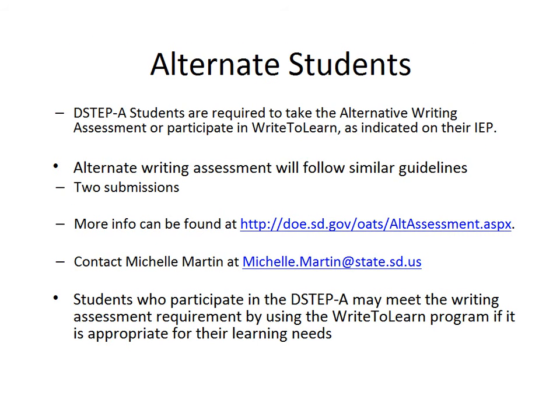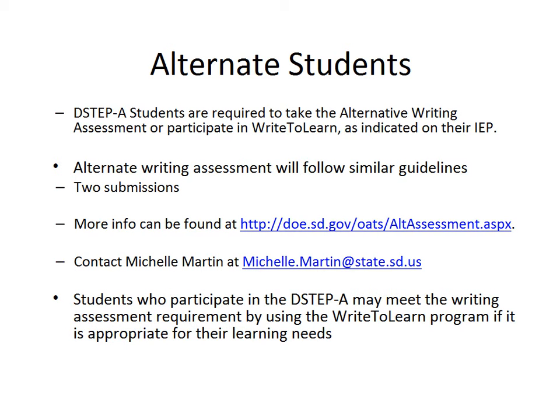For alternate students that take the D-Step A, they are required to take the alternative writing assessment or participate in WriteToLearn as indicated on their IEP. The alternate writing assessment follows the same guidelines. There are 2 submissions, and you can find more information at this website right here.